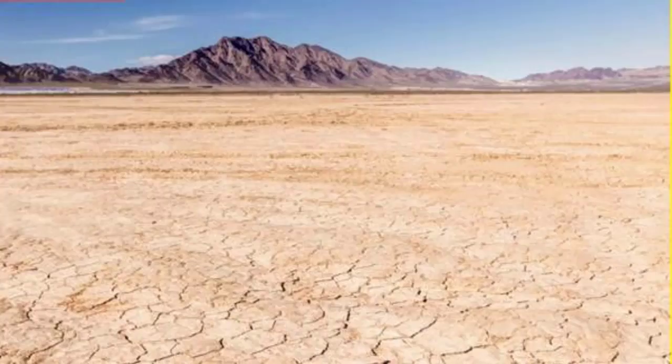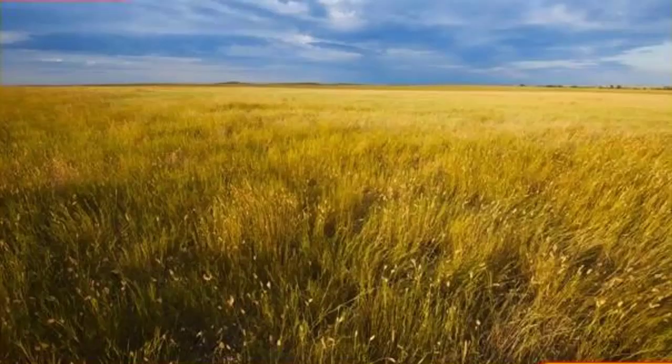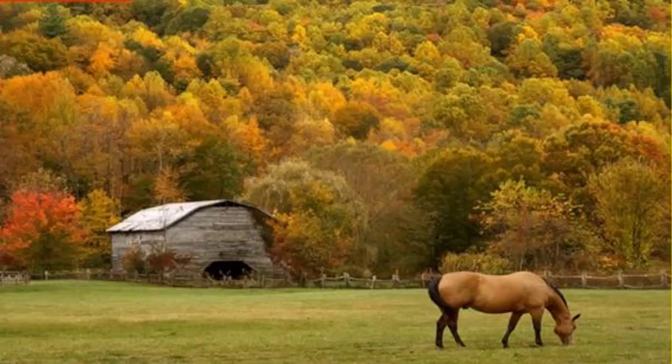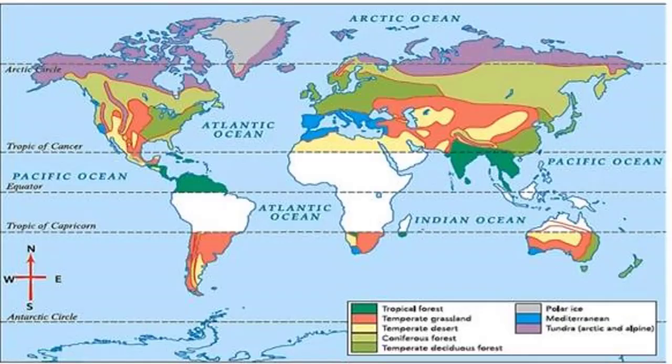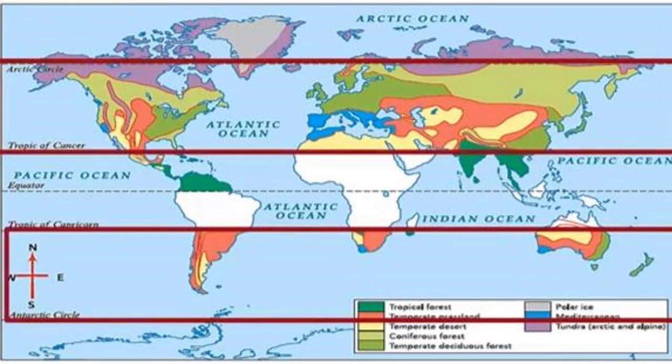Some areas are dry and arid. Others have grasslands, and there are some forested areas as well. How many different regions are there in the temperate zone? You can find them on the above map.